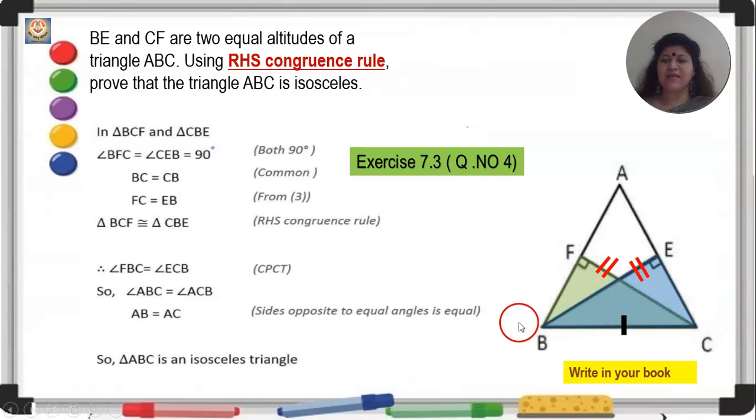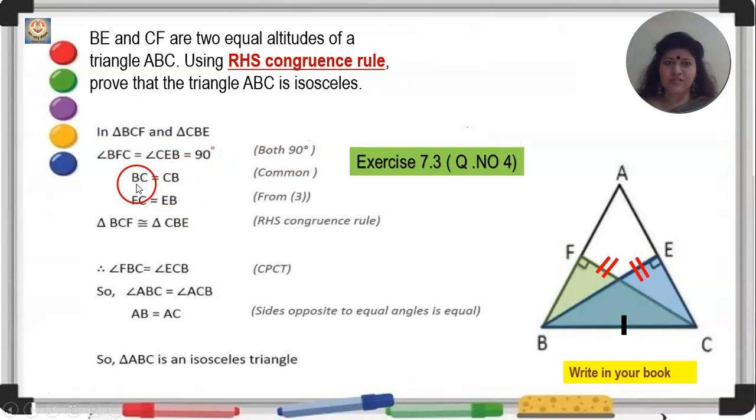and triangle CBE. Now, if you look at these two triangles, F and E, both of them are 90 degrees. So obviously BC becomes the hypotenuse because it is the side opposite to the right angle. And you notice that this hypotenuse BC is common to both the triangles. So this is the solution. The two angles are equal because each is 90.